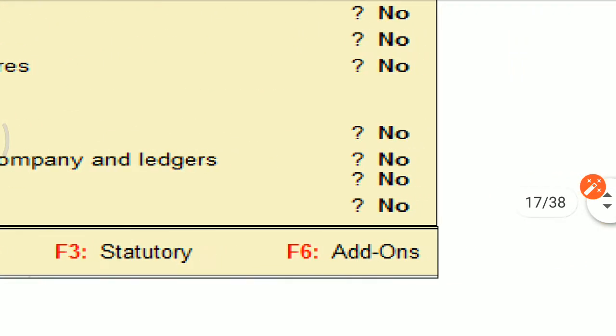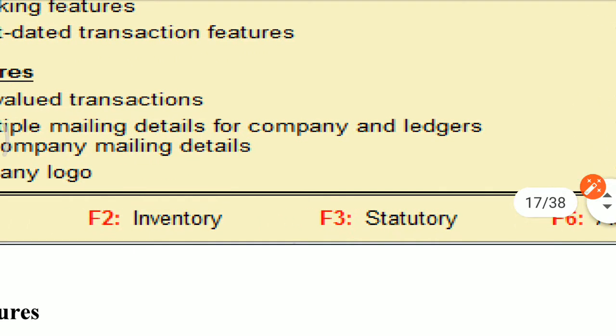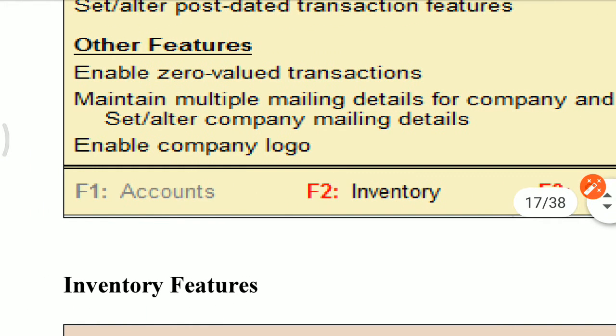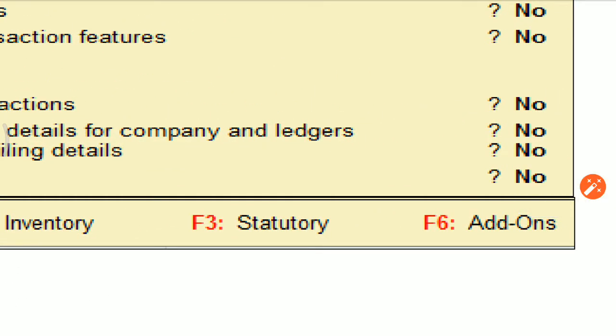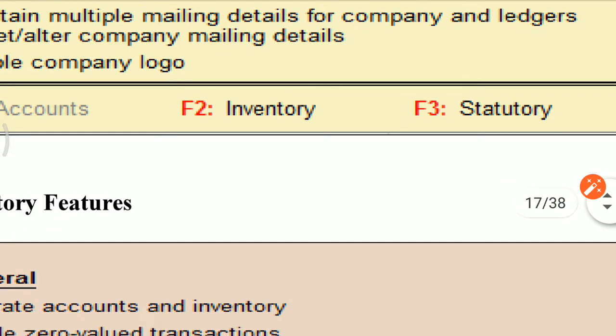You can create multiple details for your company and ledgers, meaning head office, corporate office, branch. Enable company logo, yes. If you want to print the company logo on vouchers or on ledgers, then this option can be selected. You have to give the path where the logo is saved on your computer or on the server.